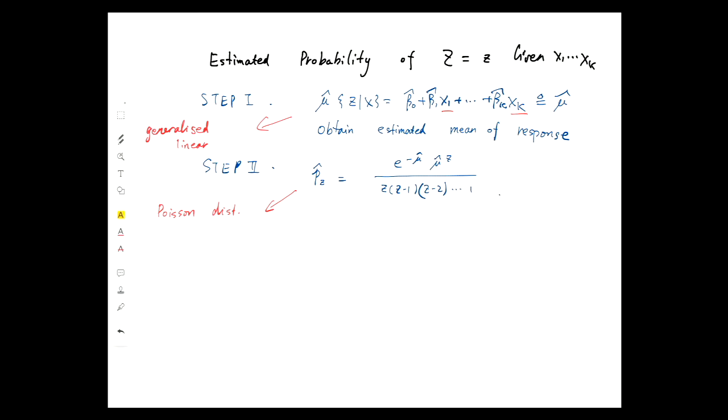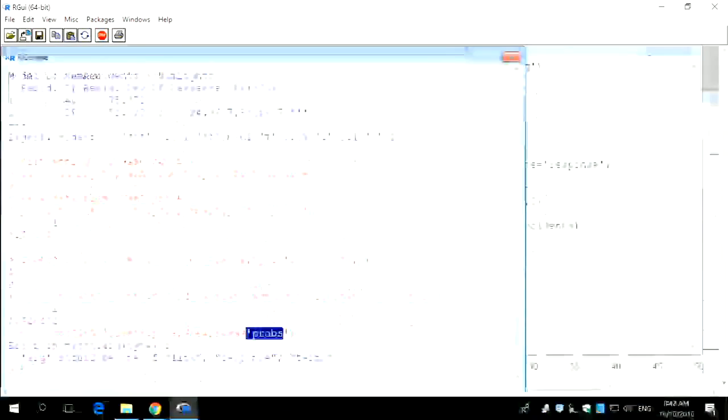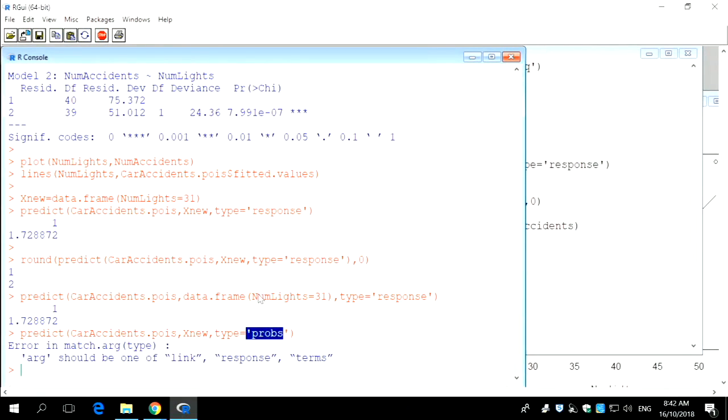So in R, we can try to implement this idea. So how to do that? Firstly, we can obtain the estimated mean of response. We can call it hat mu, just equal to this predict.